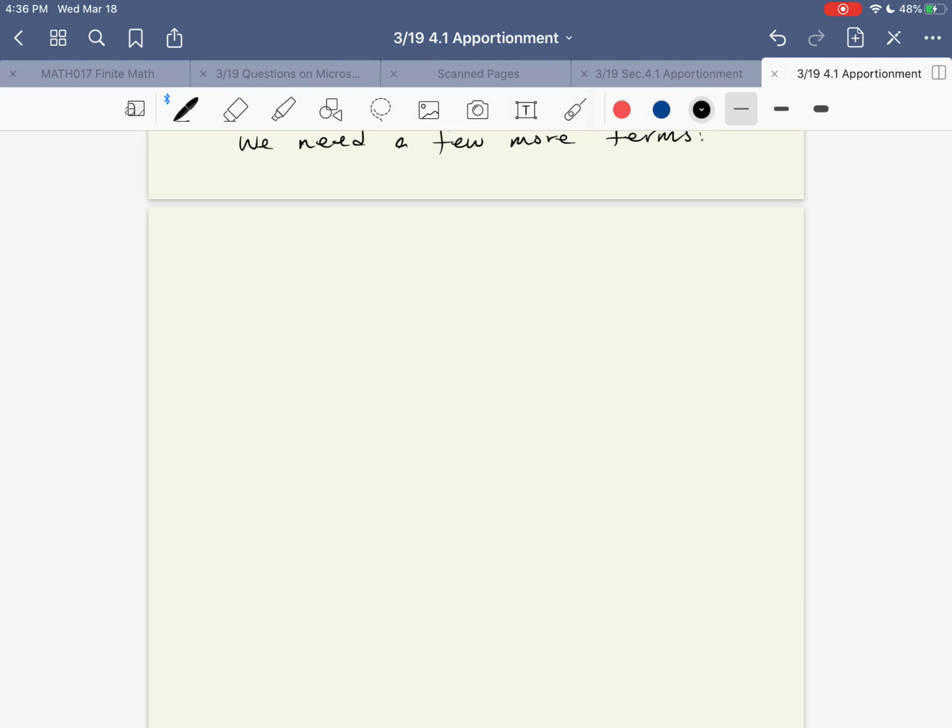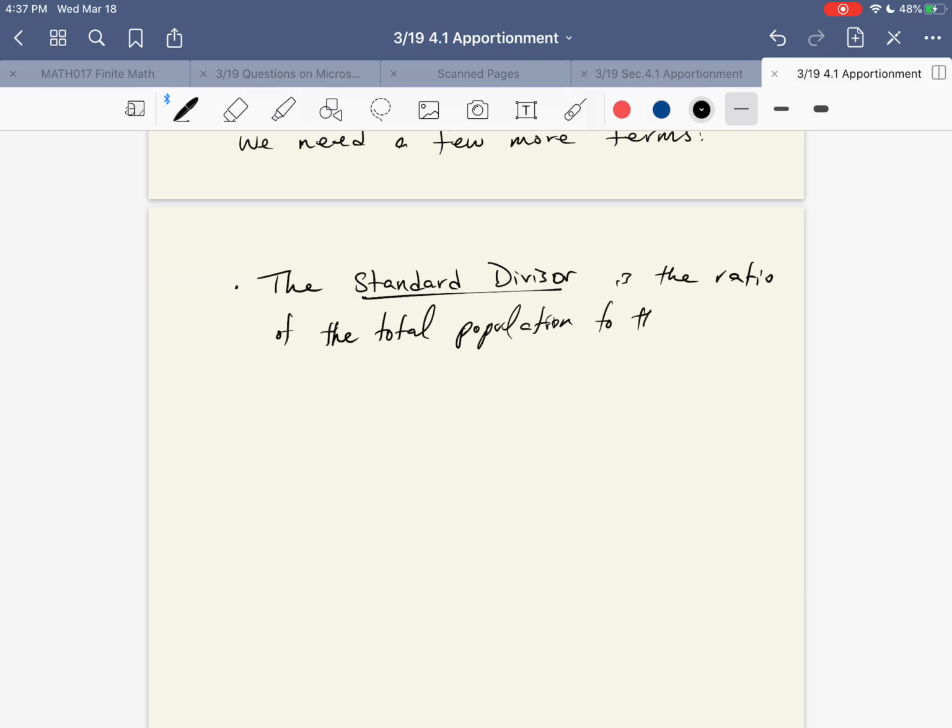Let me zoom out a little bit. Good. So the standard divisor is going to be the ratio of the total population to the number of seats to be given away. So what does that mean?